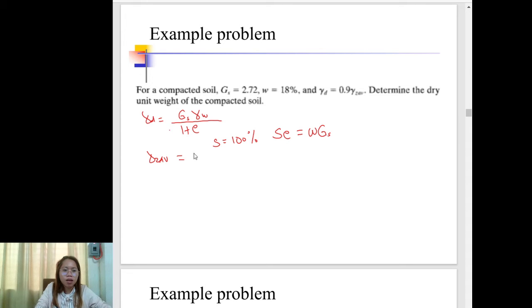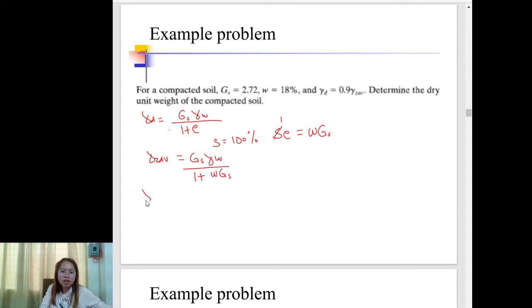So from here we have the specific gravity of the soil, the unit weight of water, and this e. If we set S, the degree of saturation, equal to 100%, this is equal to 1, di ba? So that e is equal to moisture content times specific gravity. So the denominator is 1 plus this, di ba? Then we'll try to answer this.